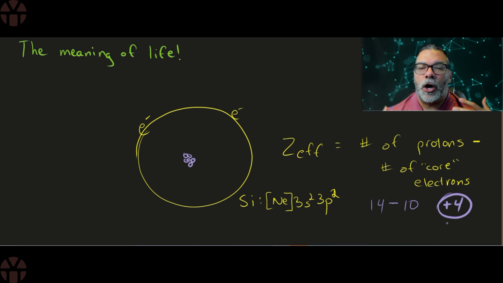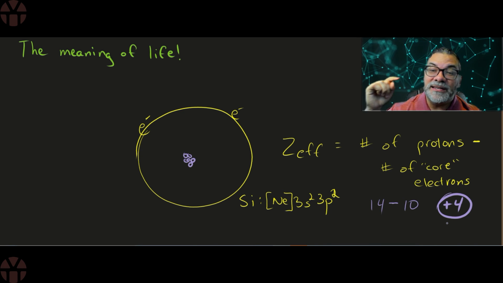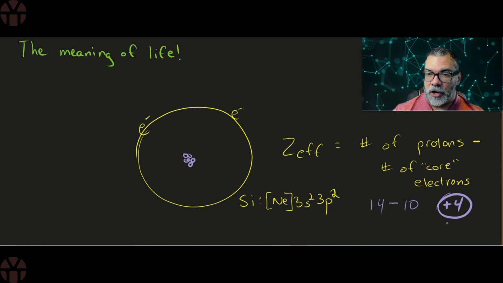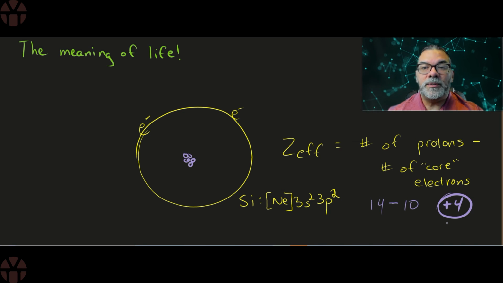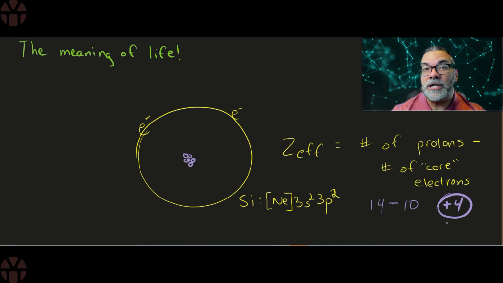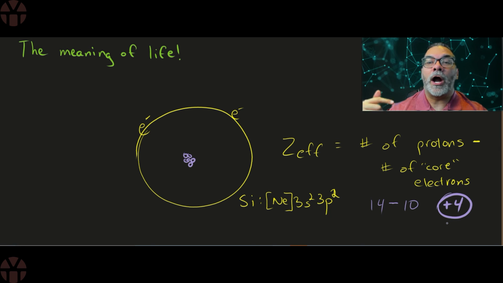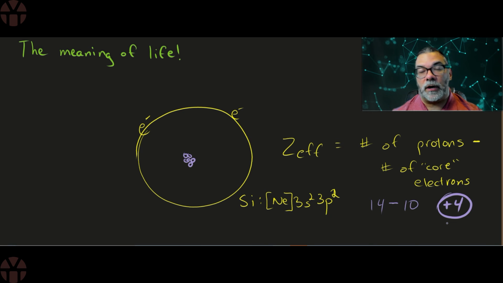Now, what that means right now, I don't know. I may not be able to say a whole lot about that. But what I can say with certainty is that silicon is better at attracting electrons than aluminum. Why? Because for whatever reason, the protons in the nucleus of silicon are able to overcome the shielding effect of the core electrons.